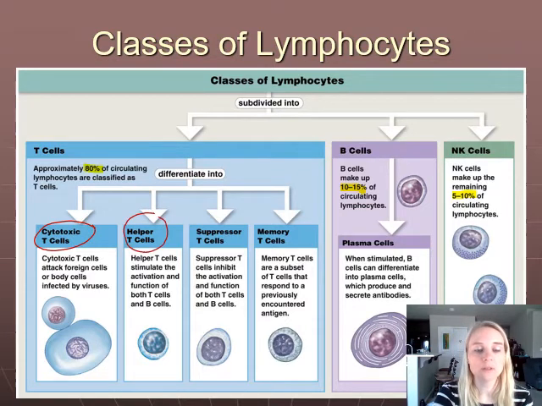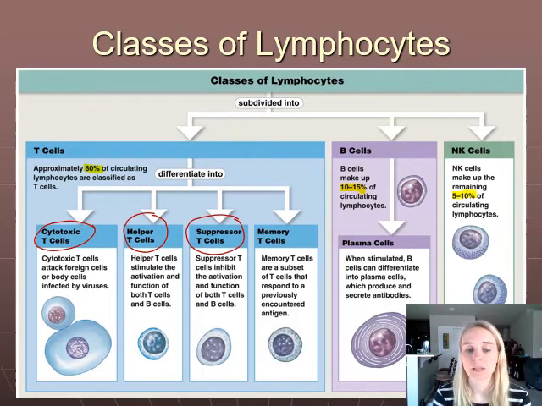Helper T cells are more of the managers, the bosses that tell other immune cells what to do. Then we have suppressor, or I think the textbook is now calling these regulatory T cells. Towards the end of the infection, they send out signals to decrease T cell and B cell activity. That's why they used to be called suppressor, but now they're being called regulatory. Either one of those.